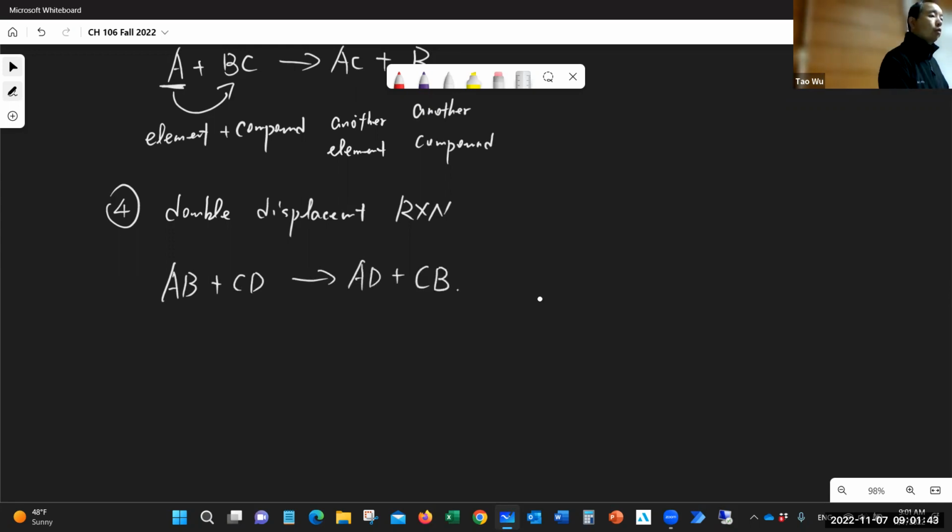If you look at a chemical reaction like this, most of the cases we have compounds, especially ionic compounds: compound 1 plus compound 2, and then they're going to form new compound 1 and new compound 2.